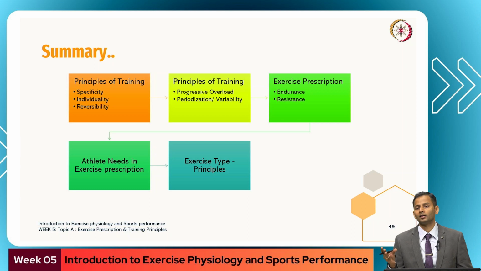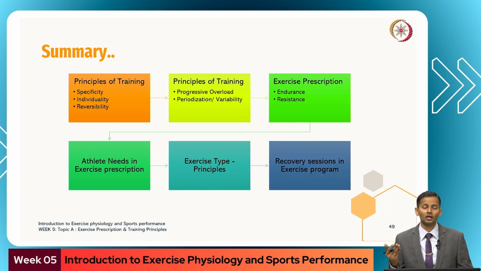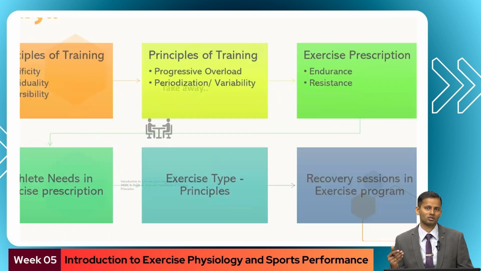Depending on the load and the goal of your training program, you will have to modulate between intensity, volume, frequency and the load component in terms of resistance training. And recovery sessions should be a mandatory part of your exercise training program to have optimum performance results.